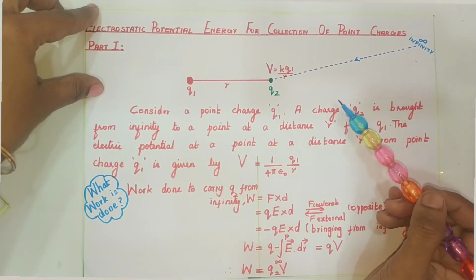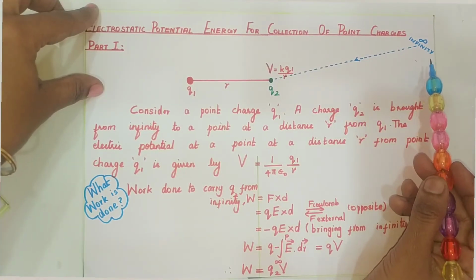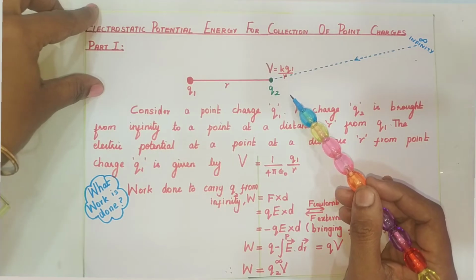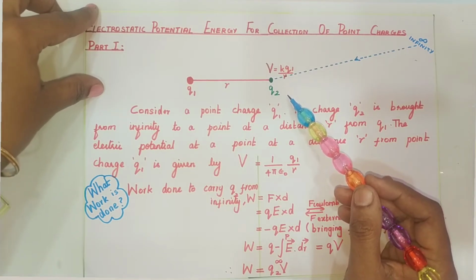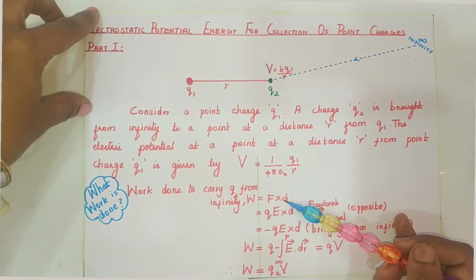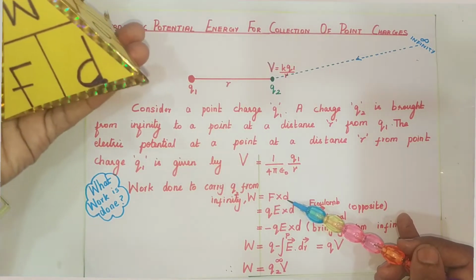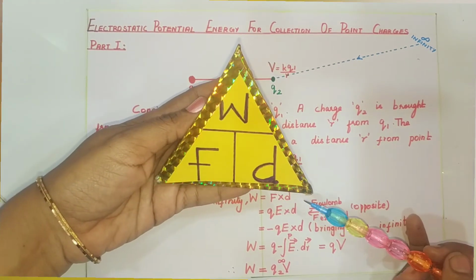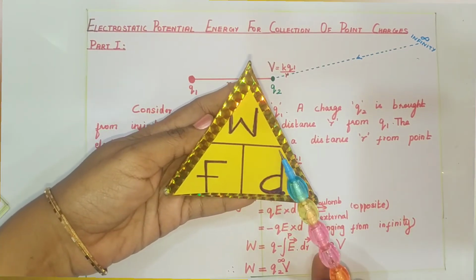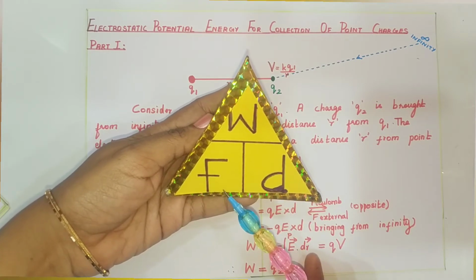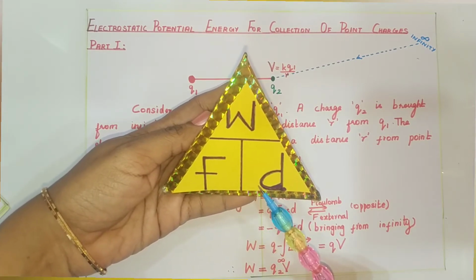To bring the charge Q2 from infinity, some work is done, isn't it? Here, for work done, we know the basic formula as the product of force and distance. Here I have a formula triangle for work done. You see, for work done, we use the formula product of force and distance.